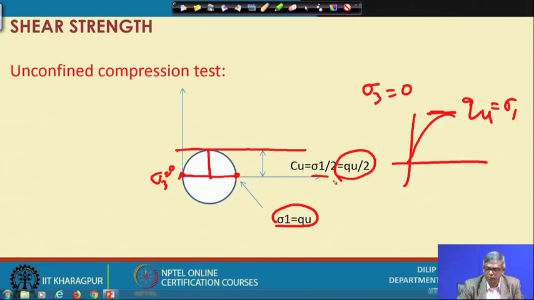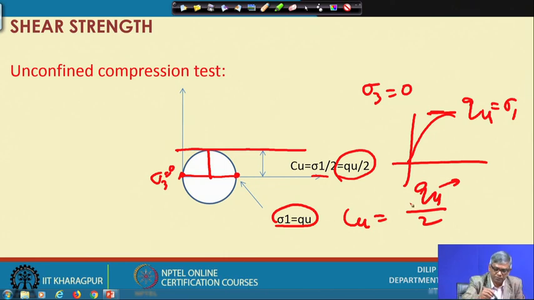Then you have to take the shear strength parameter from there, which will be nothing but Cu equal to q u by 2. Many times students take whatever is given as Cu itself and then everything will go wrong. So, that is another important point you should remember.